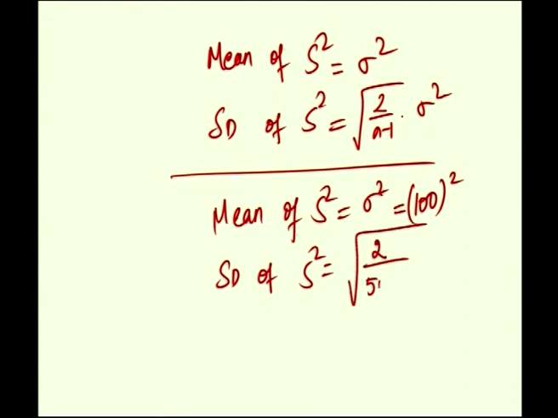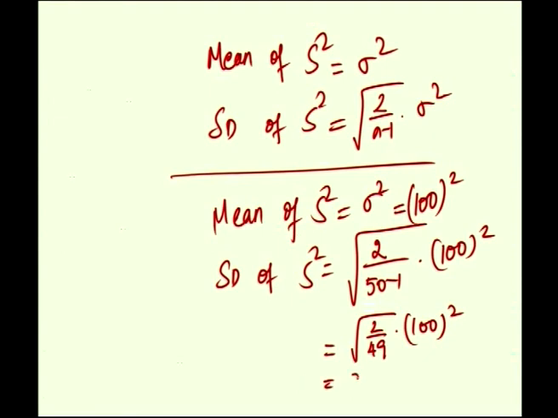N is 50, so 50 minus 1, into 100 square, which is approximately root of 2 by 49 into 100 square, which is equal to 2020. Hence, we have found out sigma S square and mu S square. Mu S square is 100 square, which is 10,000, and the standard deviation of S square is 2020.